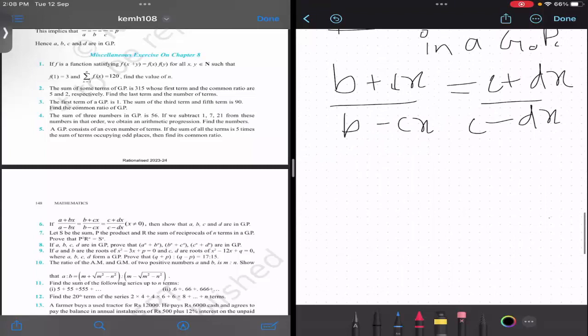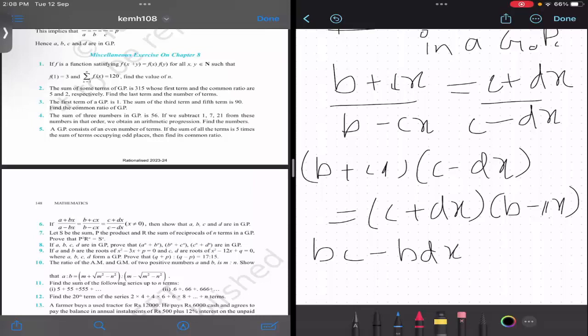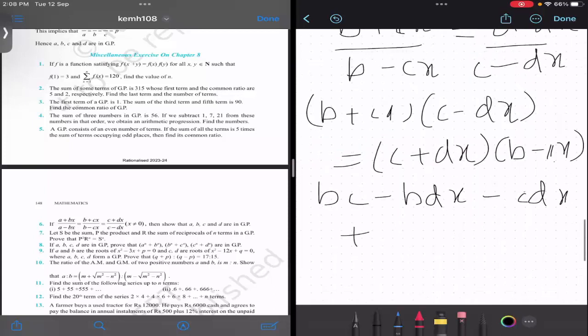Again, cross multiplying these both terms, you would have (B plus Cx) into (C minus Dx) equal to (C plus Dx) into (B minus Cx). Right? You would have BC minus BDx minus CDx plus C square x. Correct?